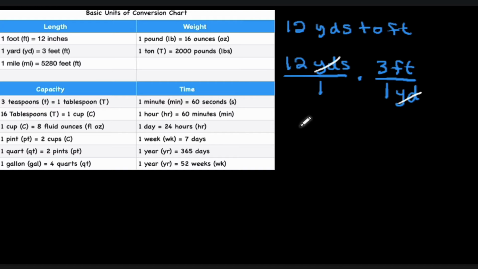So we have 12 times 3 feet, which is equal to 36 feet, because in the denominators we just simply have 1 times 1. So 36 feet. And of course, if you had this on a test or something like that, you will have to write the complete answer. You will have to say there are 36 feet in 12 yards, okay? All right, so let's go over another example.